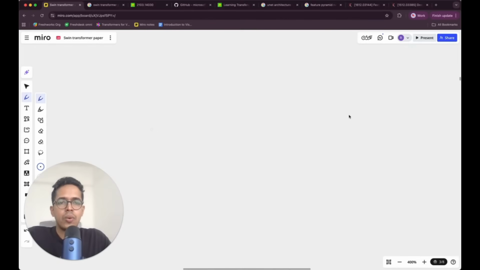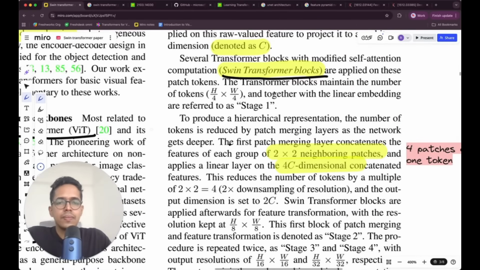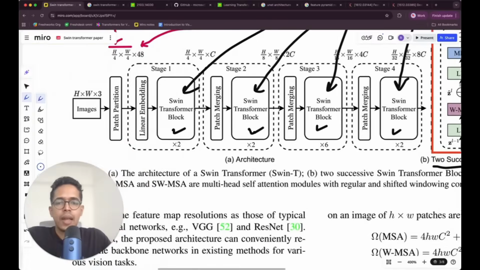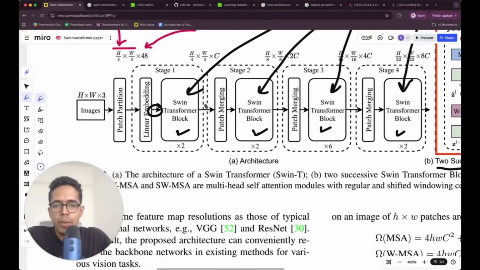Okay, now the transformer blocks maintain the number of tokens. So within one transformer block, as you go in here and when you come out here, the number of tokens remains the same. Number of tokens equal to total number of patches, which is H by 4 multiplied by W by 4. So here what goes in is H by 4, what comes out is H by 4.